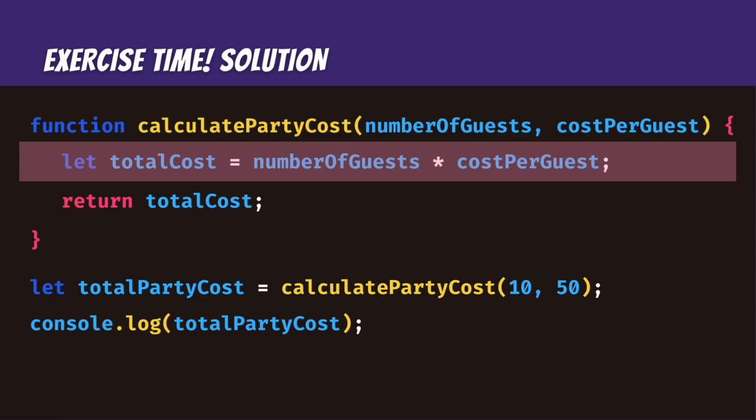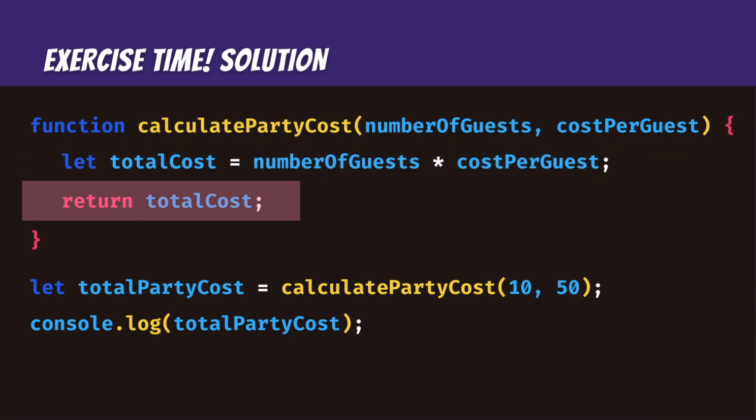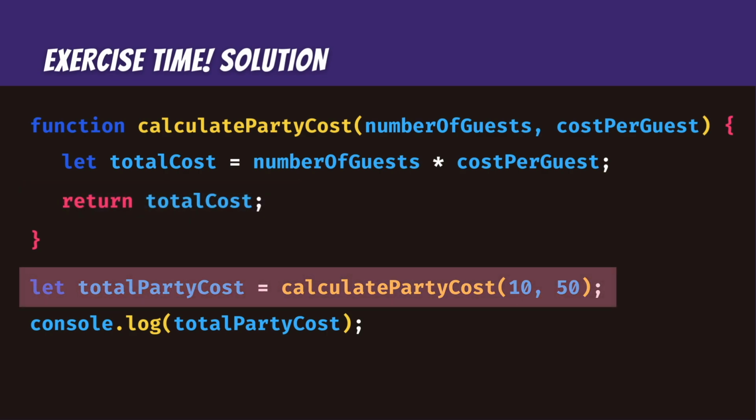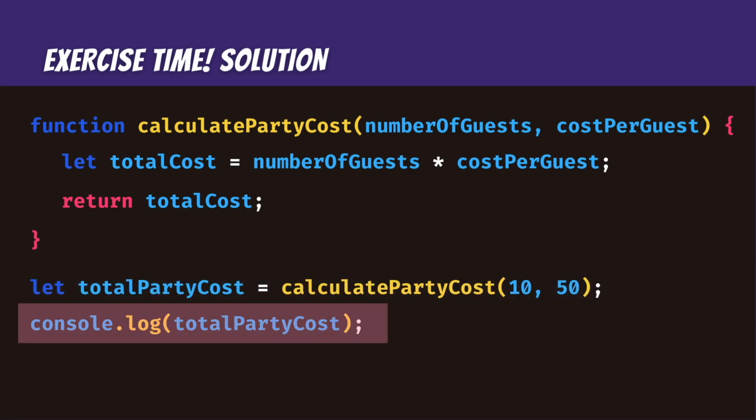I saved the result in the total cost variable. After that, I put a return keyword with the total cost variable. This way, I can see this value outside the function. In the next step, I saved this returned value to the total party cost variable outside the function. And lastly, I displayed it on the console.